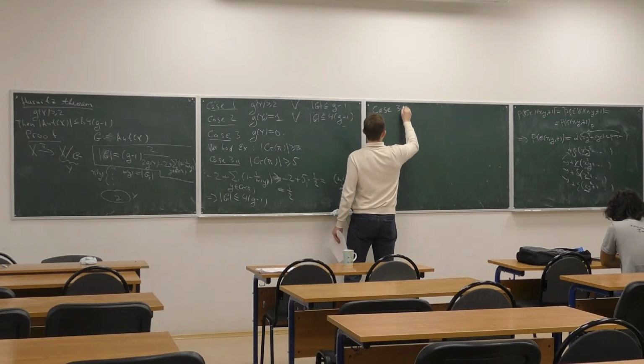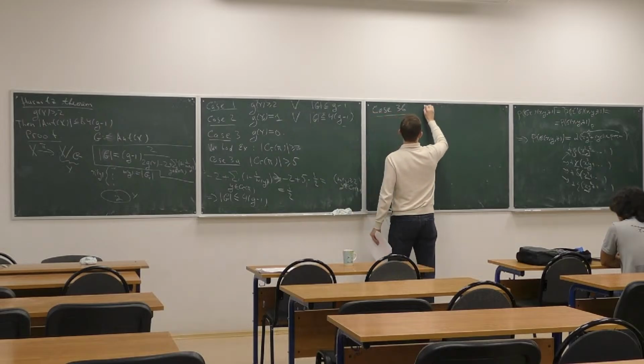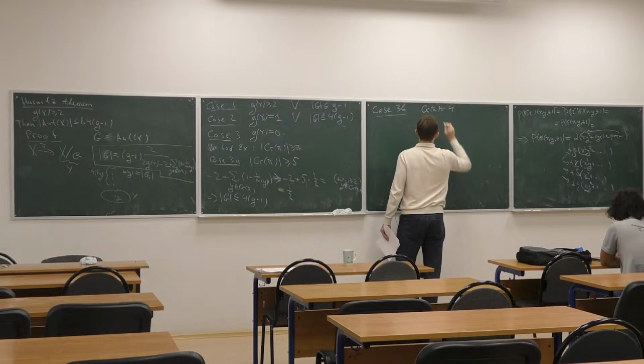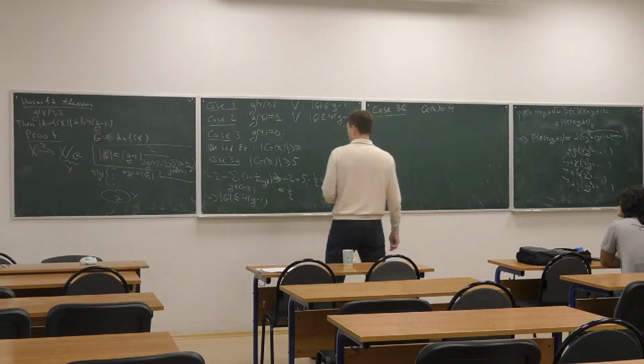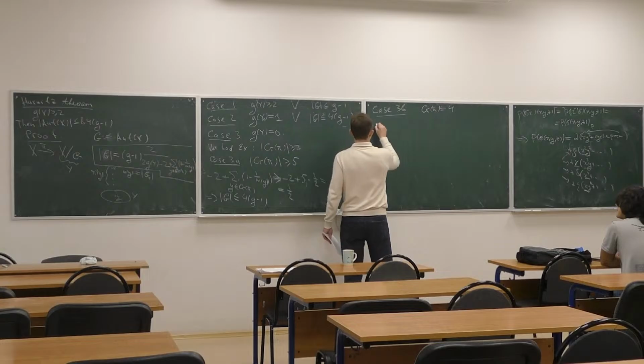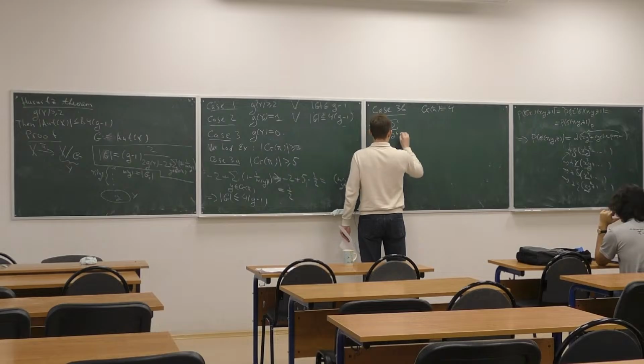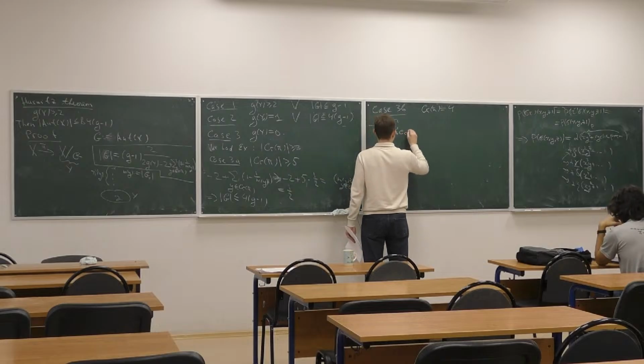Case 4b, the number of the critical points is exactly 4. Okay, then we write minus 2 plus the sum of (1 minus 1 over m of y).